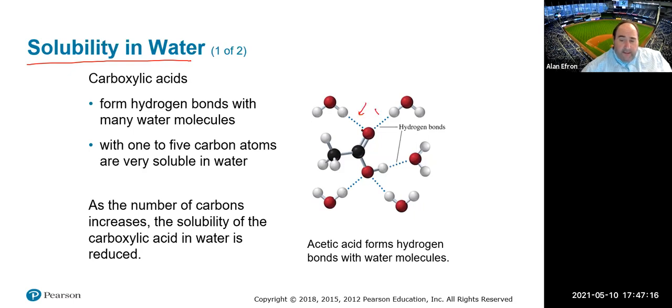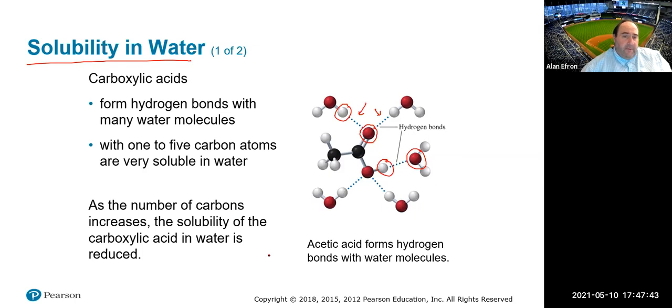It increases the solubility because water can interact with the oxygen on the double bond. Water also has the ability to interact with the hydrogen on the OH bond. So it gives multiple places where a carboxylic acid can interact with water, and that definitely increases its solubility in water.